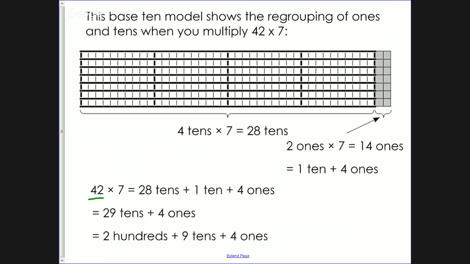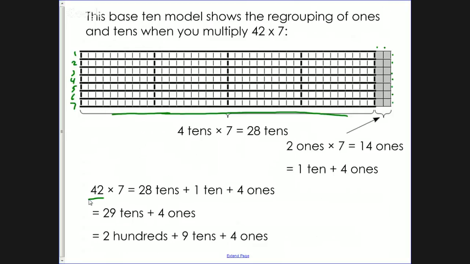So the array is showing us our 40 in here times 7, and our 7 times 2. So we have 1, 2 going this way, and then we still have our 7 going down. So the array is showing 42 times 7.